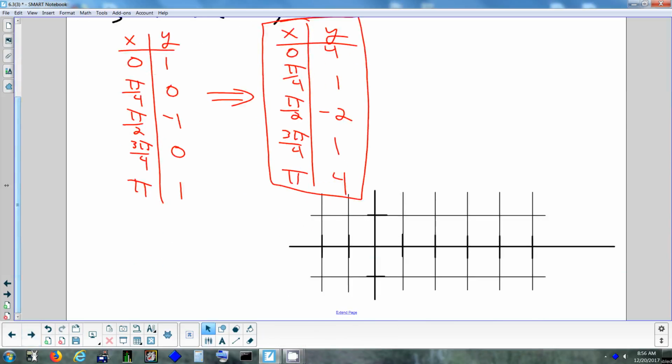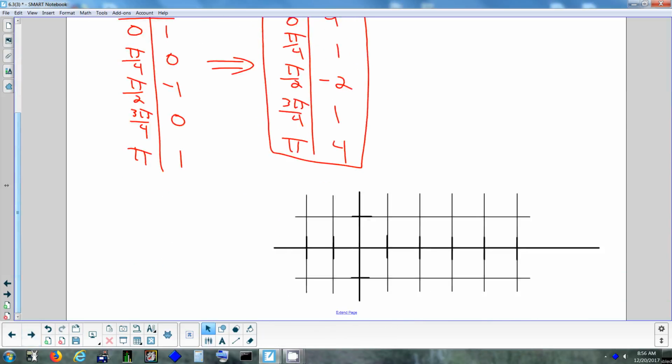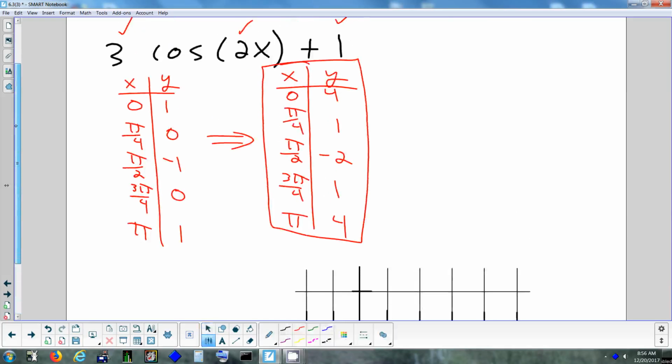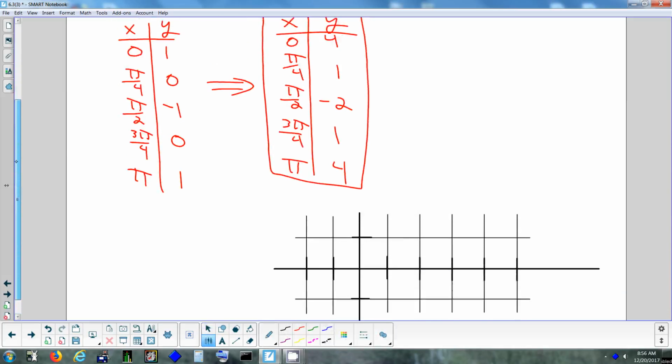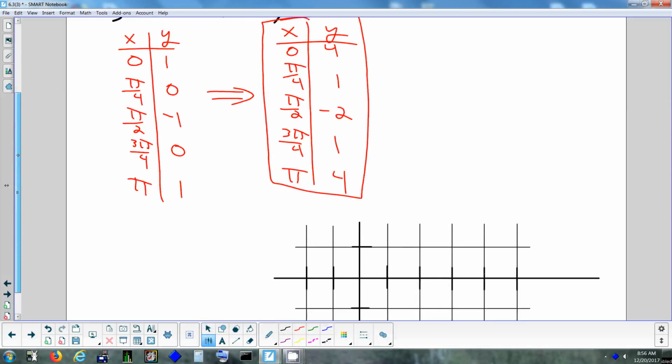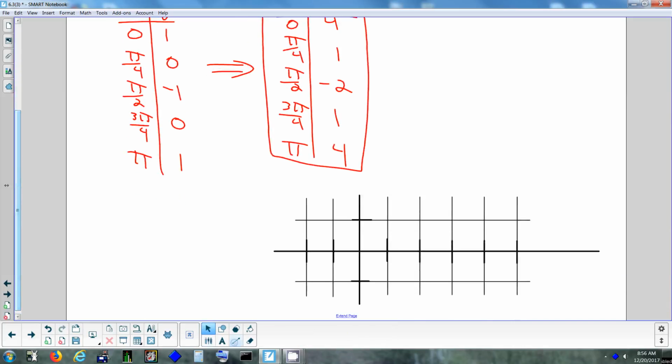Okay, now the graph. Okay, y-axis, I need to go as high as 4 and as low as -2. So I think I'm going to go by 2s, but I'm going to need one more grid line in there. We'll just pretend that's connected.